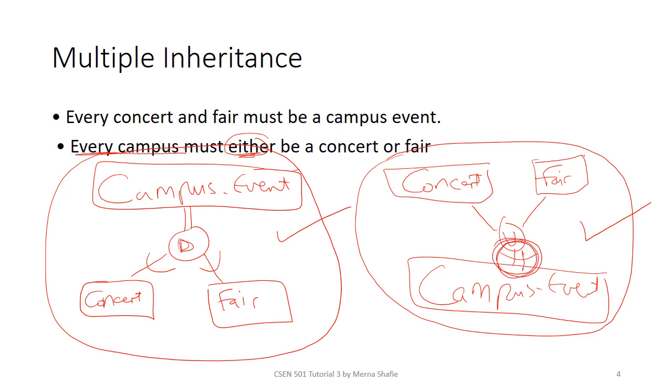طب what is the main difference between this example and the previous example? The main difference is in the participation, in the completeness of the multiple inheritance part.